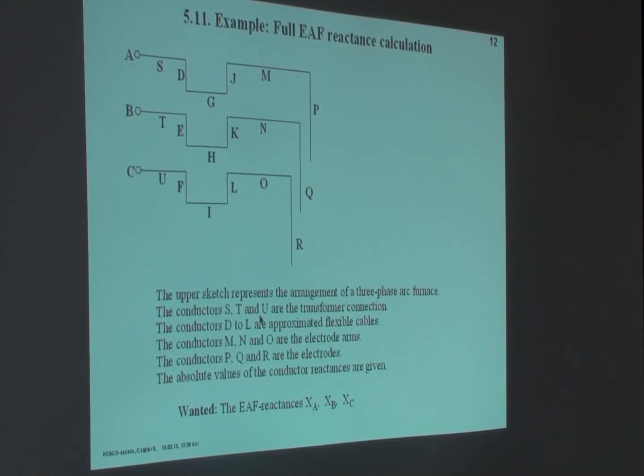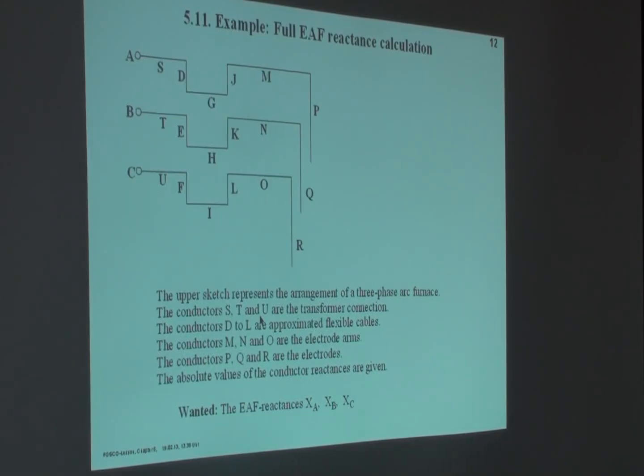Plus XGJ, JE. Yes, plus. JK is plus. Minus 2 times XJQ. J is finished.